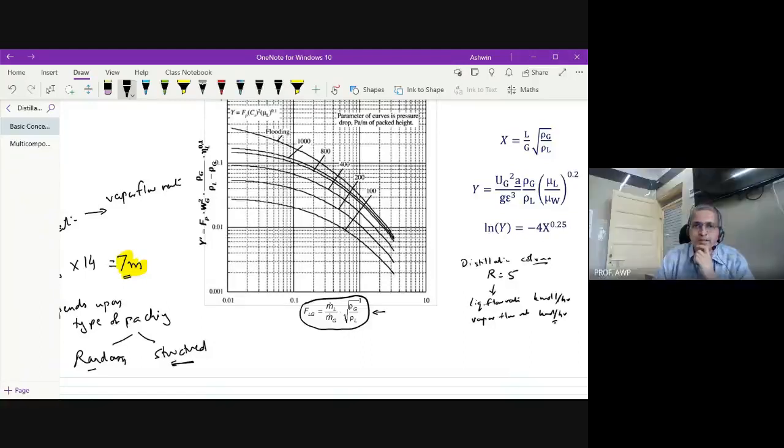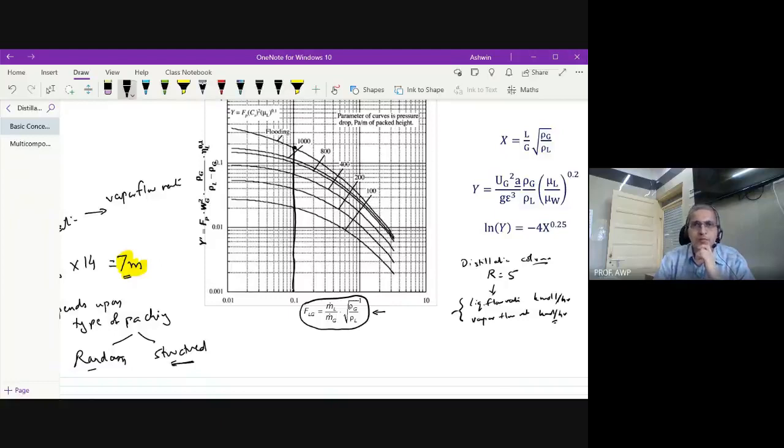Suppose the x-axis coordinate comes out to be, let's say, 0.1 based on these liquid and vapor flow rates. You go from this 0.1 all the way to this line. This is your flooding line. Now definitely you don't want the flooding line. You want some percentage of flooding, some 70 to 80% of flooding.